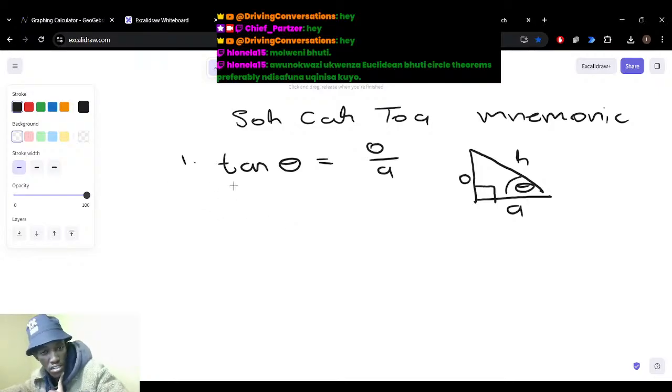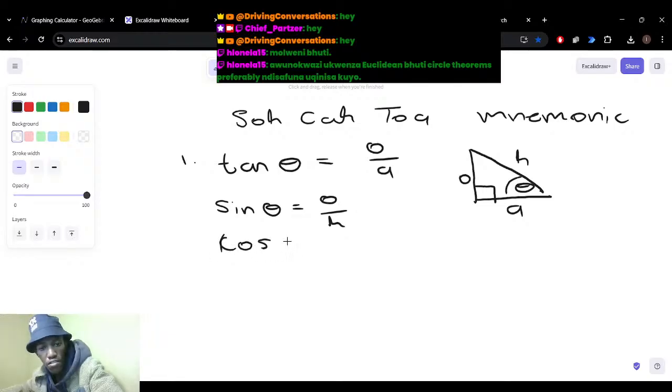So how does this relationship come about? Let's take sine. We know sine is opposite over hypotenuse, then cos is adjacent over hypotenuse. Let me show you a very slight trick.